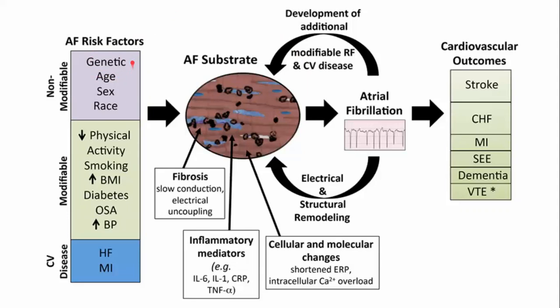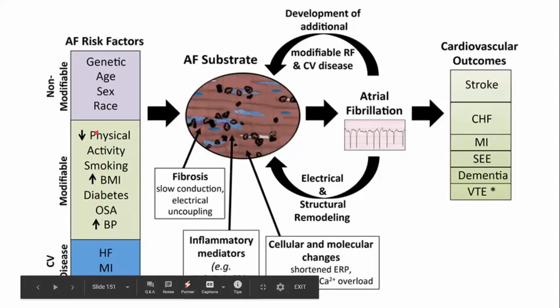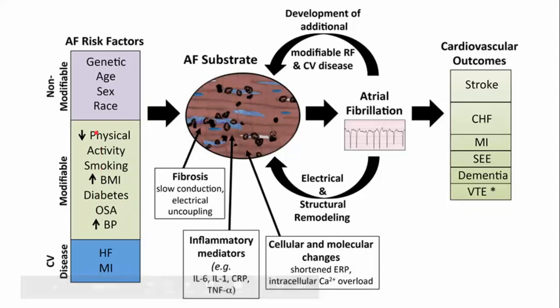There can be genetic components, gender components, ethnicity components that make people prone to atrial fibrillation. Some modifiable components: physical activity, smoking, obesity, diabetes, sleep apnea, hypertension. These are risk factors for atrial fibrillation. And diseases, heart failure or MI, can make people at risk for atrial fibrillation.